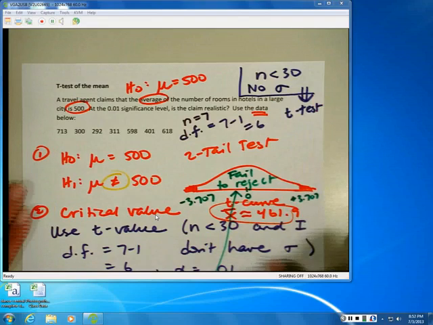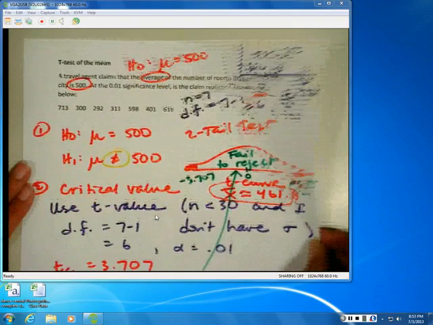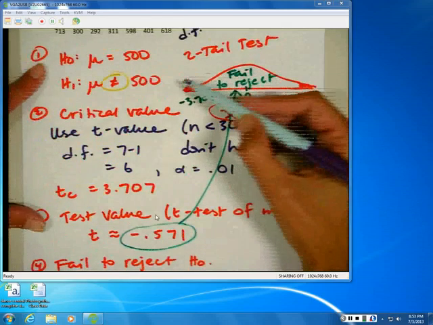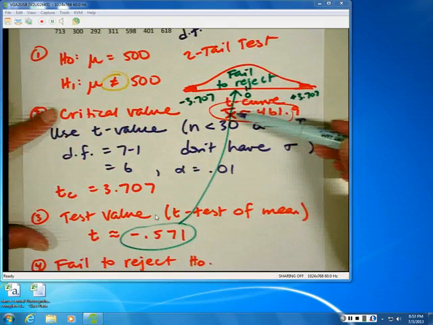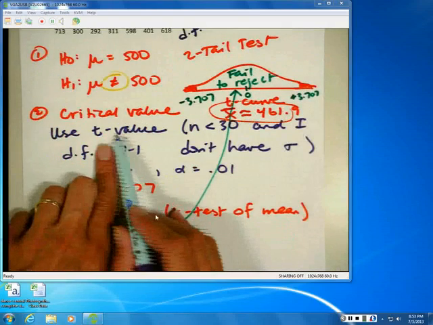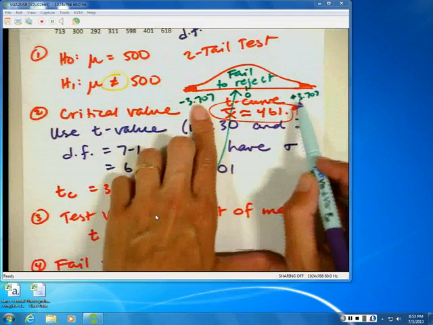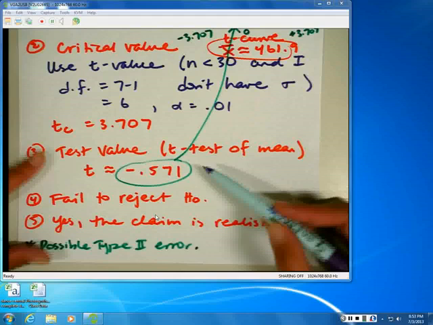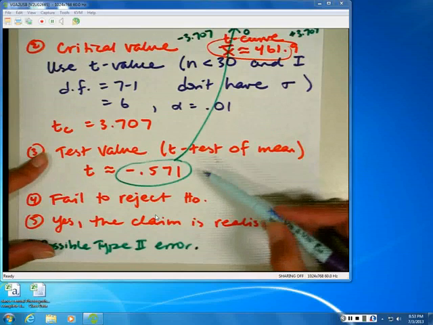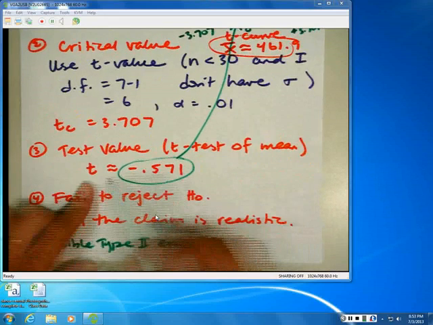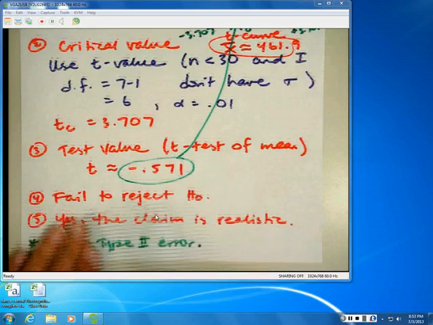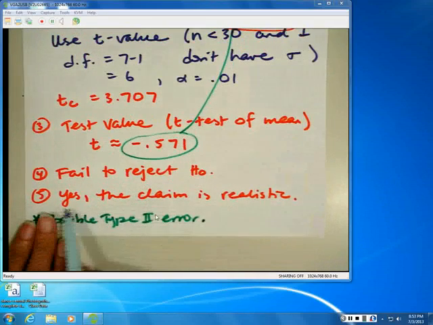But I've got the same 5 steps because it's a traditional method. I've got my statement of the hypotheses, my critical value, which is a t in this case. The critical t's cut off the tails, my rejection region. Then I computed a test value, and that's for my sample mean. So this is the t value for the sample mean. I ended up failing to reject, and then I answered the question.